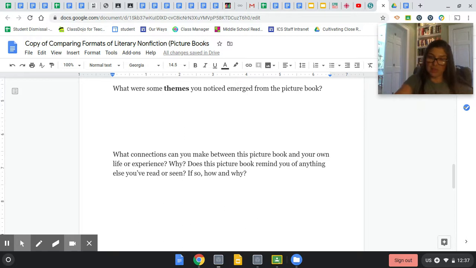All of the people in the No DAPL movement most recently, which was very, very important for our environment, for our tribal sovereignty, and all of those rights that we have as First Nations people. So that's another connection that I have. And this picture book reminds me of, let's see, the No DAPL protests that I've seen.